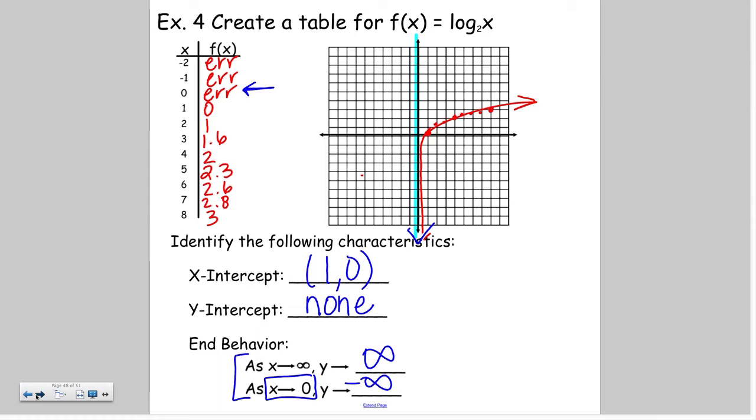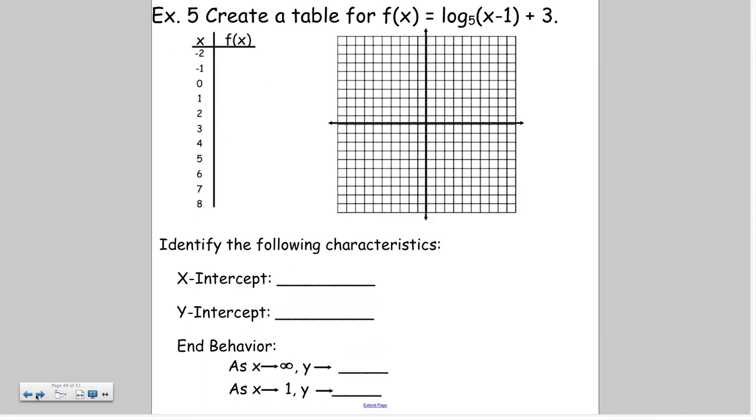Alright, next one. So I'm still going to make a t-chart, plug that in the calculator. This time, your first error is at 1, which is here. So that's where that asymptote is.